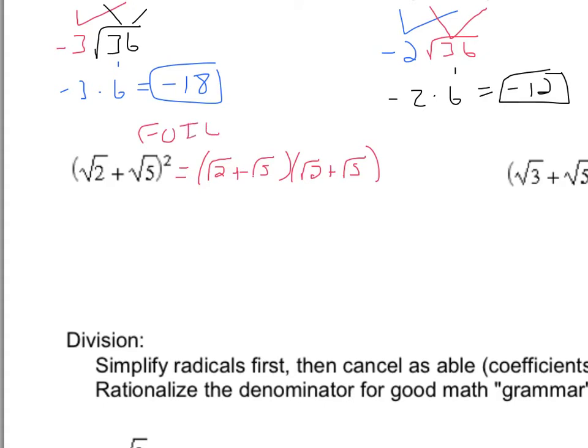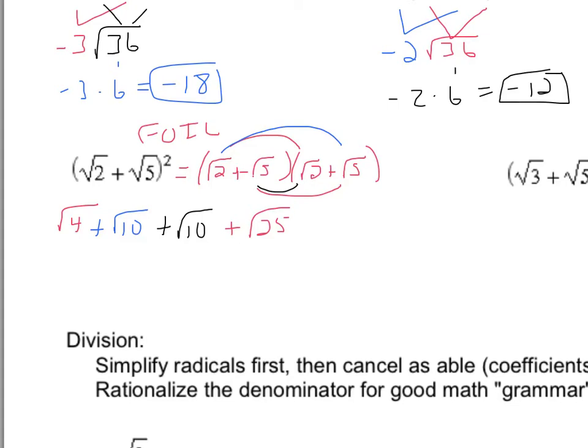First times first gives us root 2 times root 2, which is root 4. Outside gives us root 10. Inside gives us root 10. And last gives us root 25. So we have root 4, which is 2.